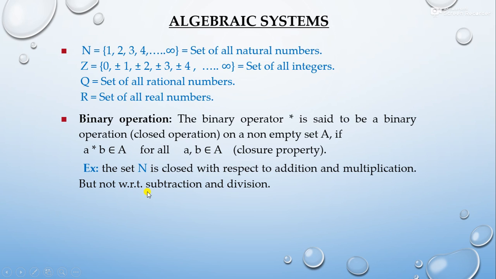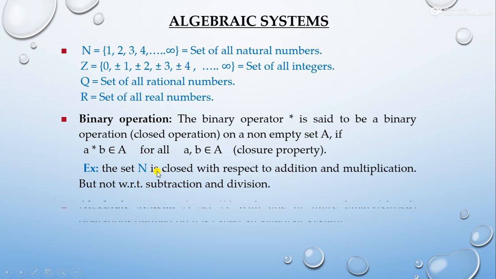Division is the same: 1 divided by 2 is a rational number, not a natural number, because natural numbers are the whole numbers 1, 2, 3, 4 and so on. So for subtraction and division, the natural number set is not closed.